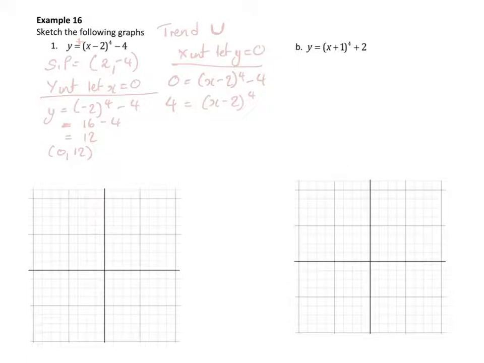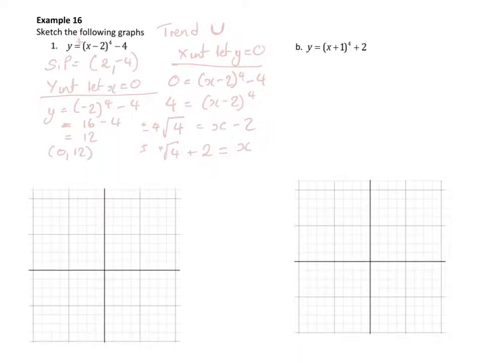And I want now to get rid of that power of 4, so I'm going to take the 4th root of 4, which equals x minus 2, and then I will bring over my 2. Now remember, because I've got a 4th root there, I'll have a plus and a minus. So plus and minus the 4th root of 4, plus 2, is equal to x.